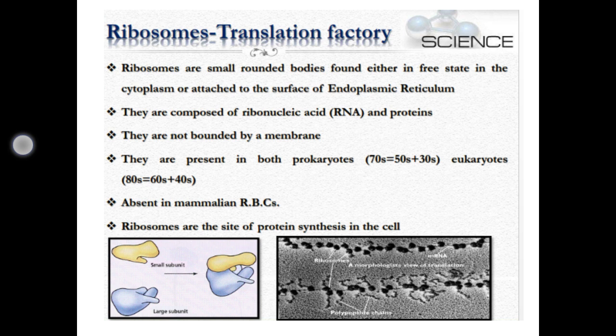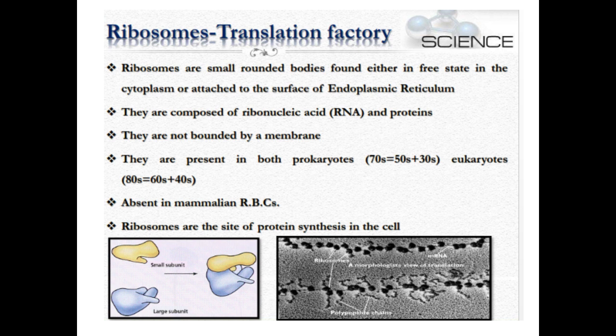The larger unit consists of 50S and the smaller unit consists of 30S, combined to form the 70S ribosome of prokaryotes. This is the denomination of prokaryotes. The next one is eukaryotes, which have 80S, that is a 60S larger unit and a 40S smaller unit, which combine to form the 80S ribosome of the eukaryotic cell.